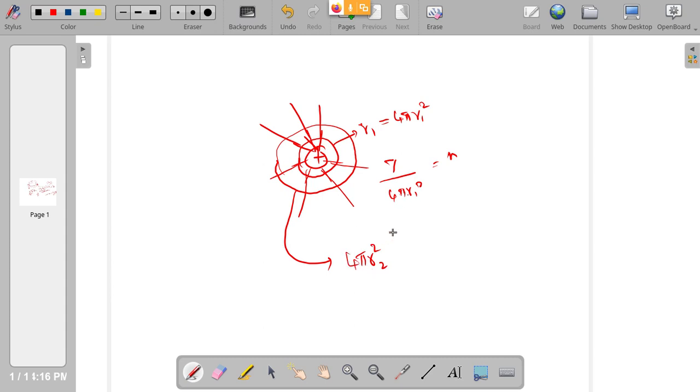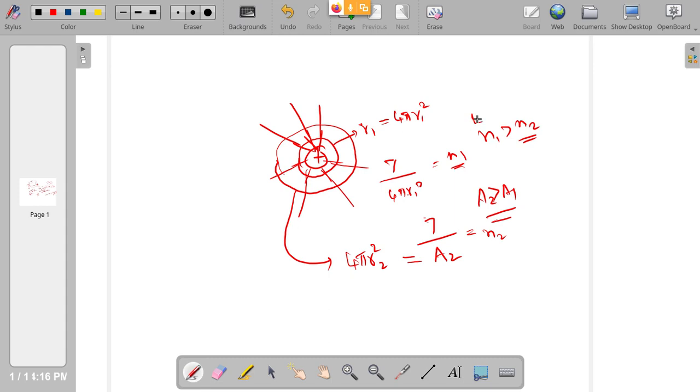Therefore 4 pi r2 square is the surface area. Now the number of lines remains the same, 7. But the area has increased. A2 is more than A1. Therefore, the density is now changing. Number density is now changing. So, this is more dense and N2 is less dense.